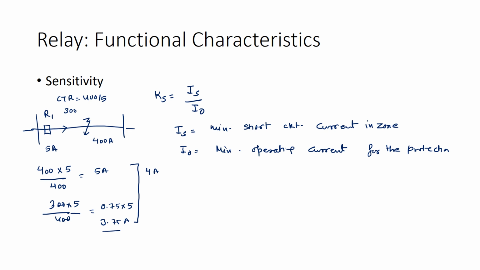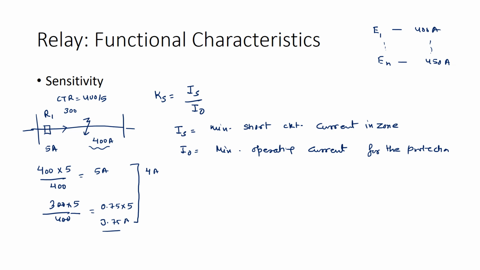So the minimum short circuit current in the zone, let us assume, is 400 ampere. If I assume different events, event E1 had 400 ampere current, and event En had 450 ampere current. So there are n number of events, but the minimum current is 400 ampere. The minimum value at which the relay will pick up is 4 ampere.